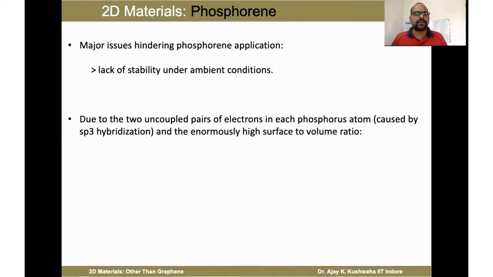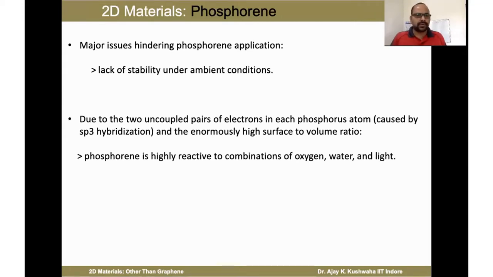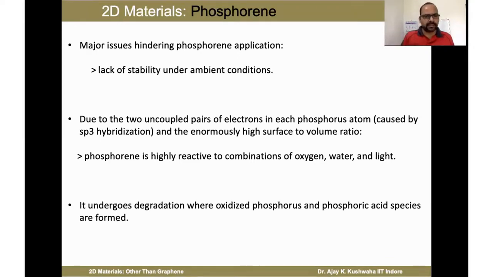Therefore it is not stable under ambient conditions. It can react with oxygen, water, light, or any other molecule also, and after reaction it usually produces oxidized phosphorus or phosphoric acid.